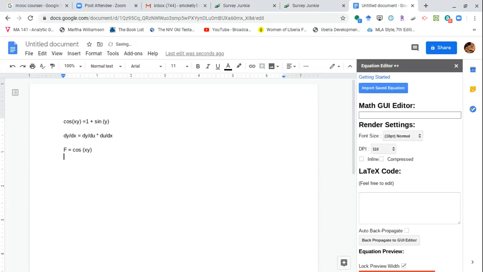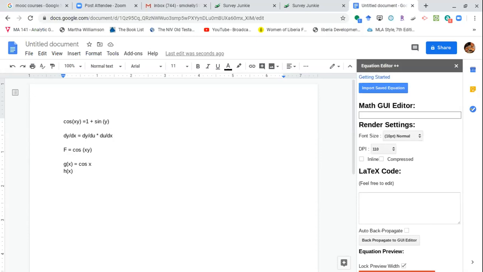Call them g of x, which is my outside function, cosine x, and h of x, which is actually in two variables.